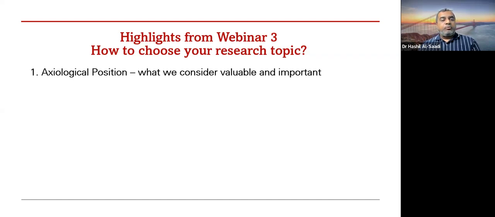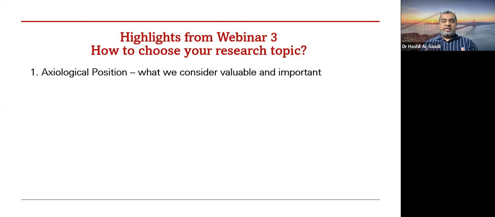We talked about axiological positions, and this refers to what we consider valuable and important, and that's where research ideas come from. We as human beings have our own preferences, our values, and our cultural elements that we need to consider as well.